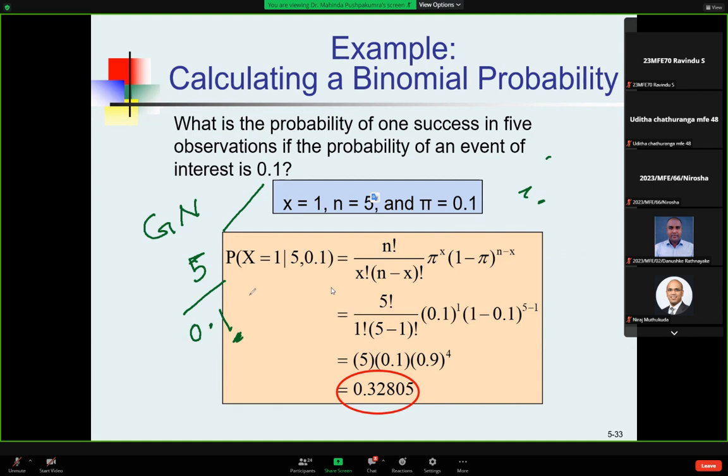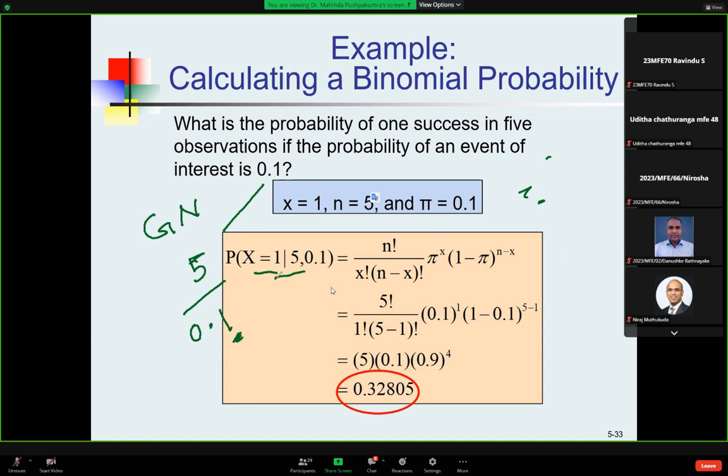Then if you visit 5 times, what is the probability that you meet the GN one time? As the probability is 0.1, if you visit 5 times, sometimes you may meet 1 time, 2 times, 3 times, 4 times, or maybe 5 times, maybe 0 times. That means you went there 5 times, but you did not meet him.